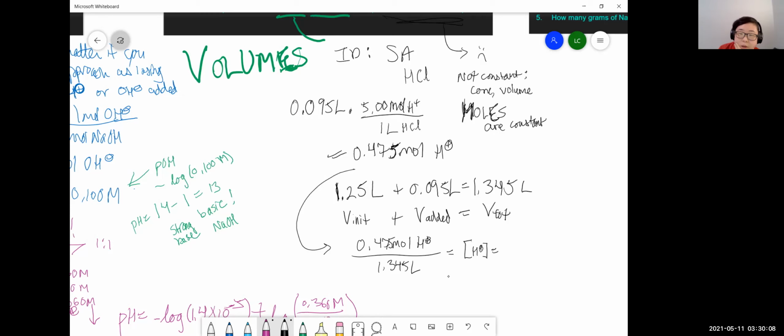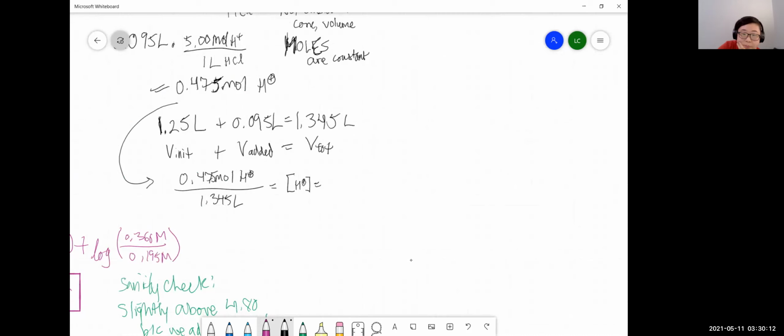The one thing about this though is, you can do it this way, but another shortcut that's actually simpler, and you could just plug these into ICE, is to just use moles. All we need to do is do an ICE table, but only with moles this time.